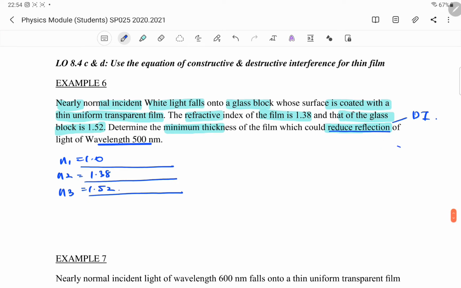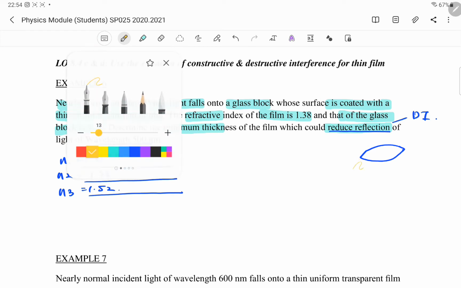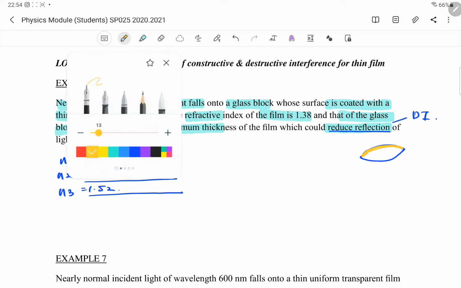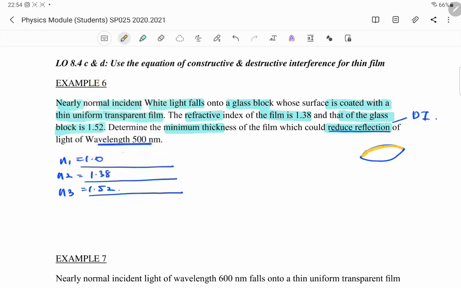Sebenarnya dia macam ni lah. Macam saya kata lens kan, we coated with the film. Ini lens tadi. So ikut lapisannya kita ada air, lepas tu kita ada N2 1.38 and then kita ada lens 1.52.